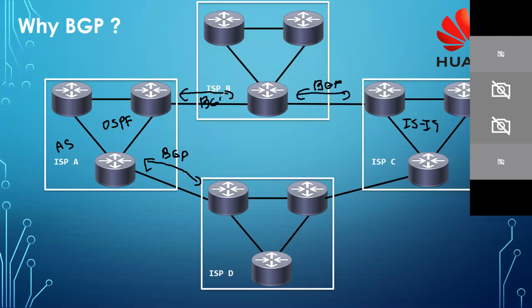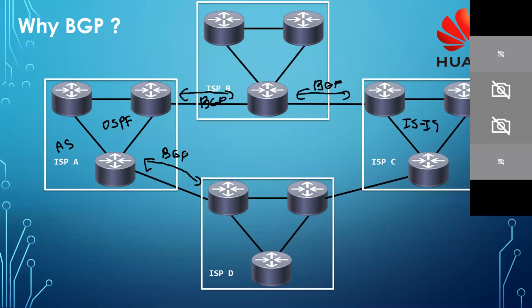Running BGP between ASes gives the ISP control over the routing policy. With BGP we can control routing policy more than with an IGP, and BGP is a scalable routing protocol. In the next slide we will see why.